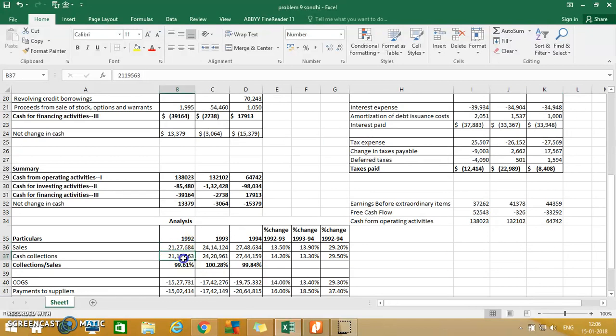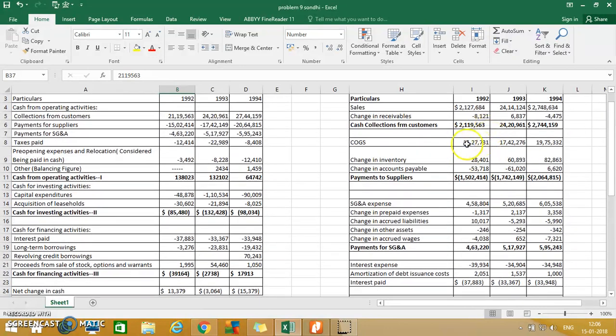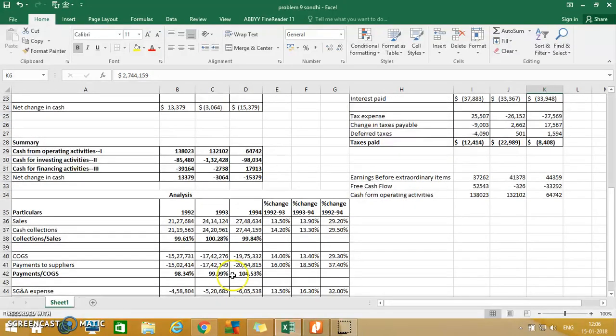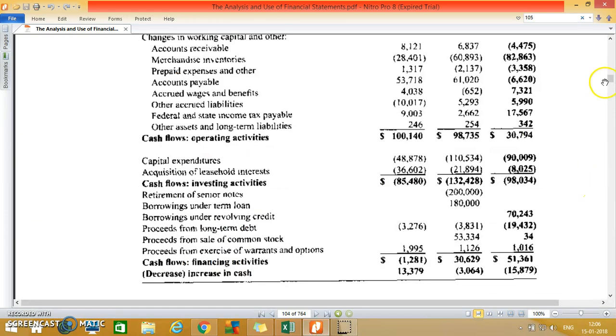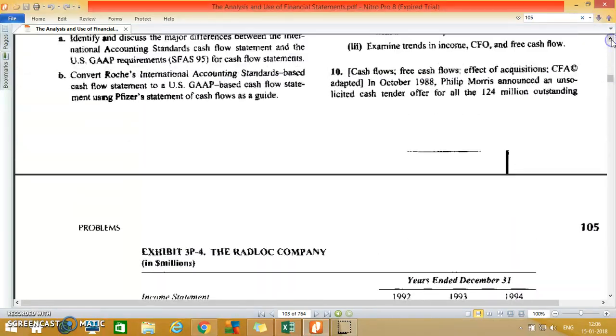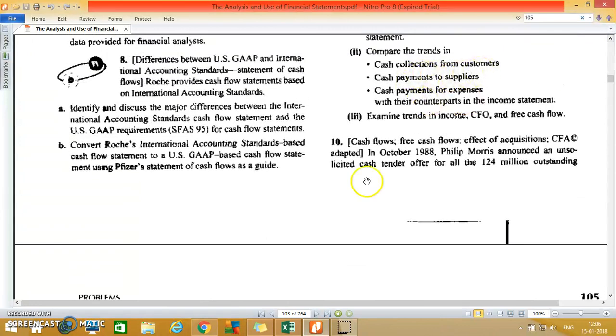And the cash collections that we have calculated, I take here just for the analysis part, because in the second bit he has also asked us to calculate the percentage of cash collected against every element. So this is why I have to do this.